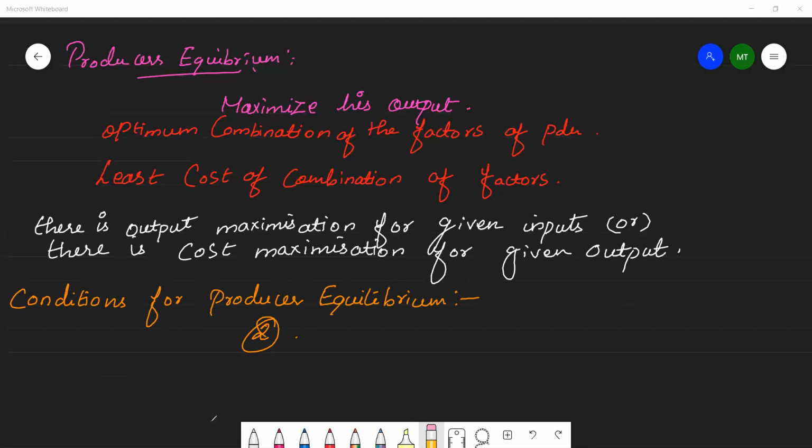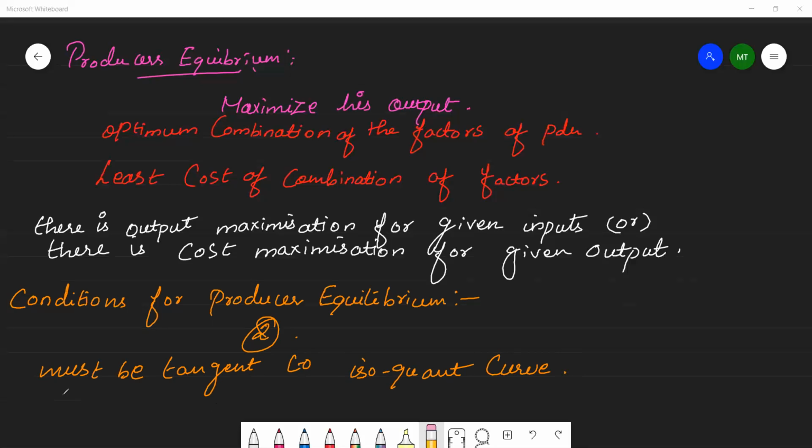So first, the isocost line must be tangent to the isoproduct curve. Okay, next one, at the point of tangency, the isoproduct curve must be convex.